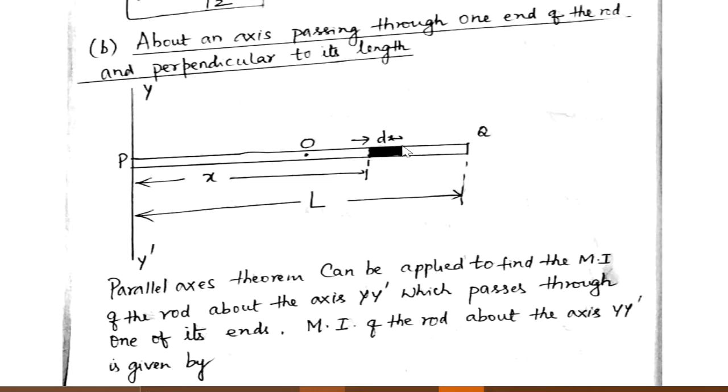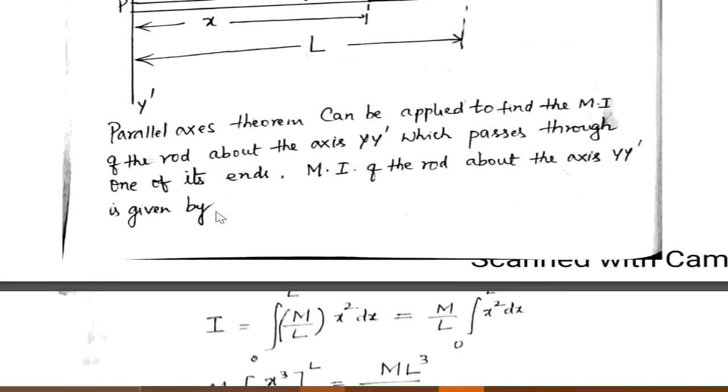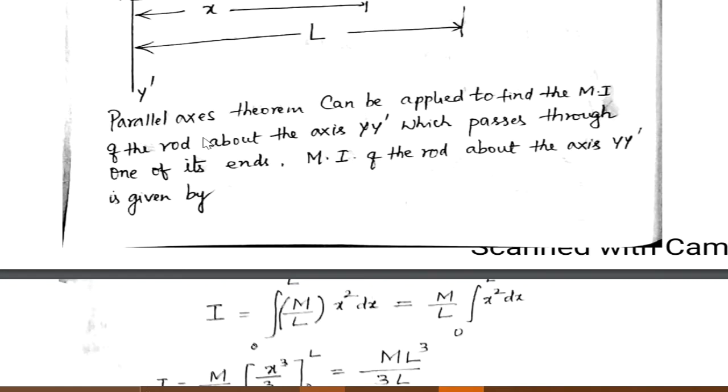So let dx be the thickness of this elemental part, and it is at a distance x from one end of the rod. Now the explanation is the same. The parallel axis theorem can be applied to find the moment of inertia of the rod about the axis YY dash, which passes through one of its ends.